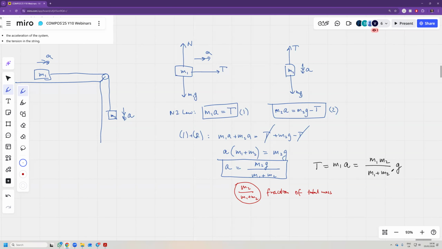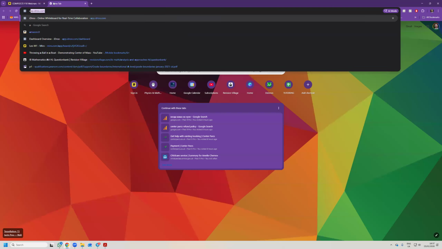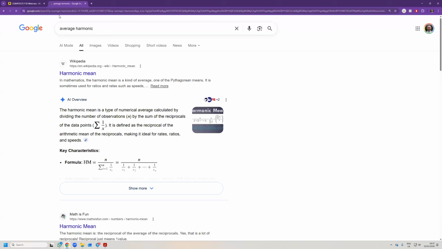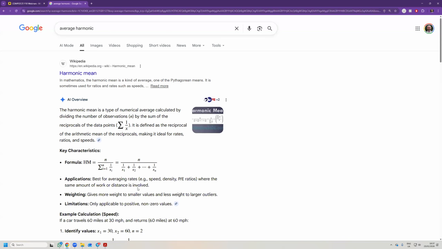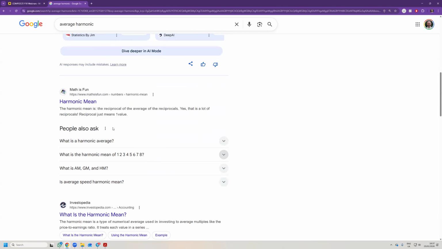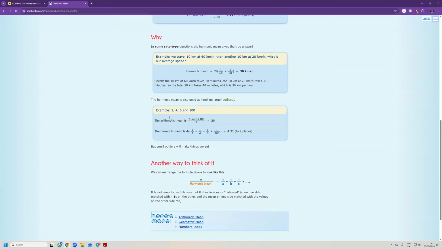I think this is called the harmonic mean of two values. Yeah, I believe so.